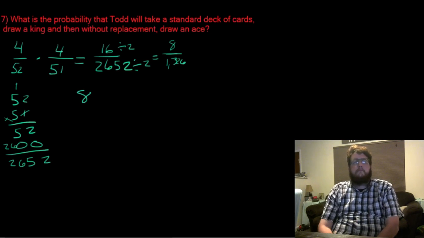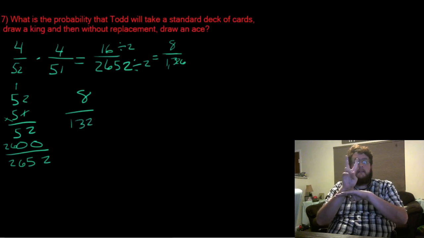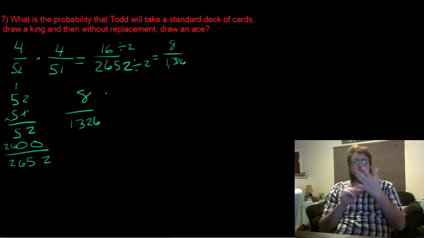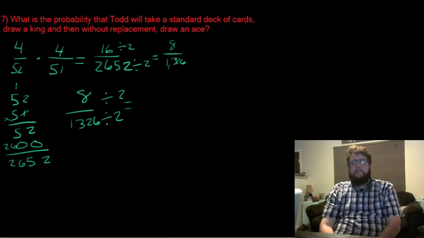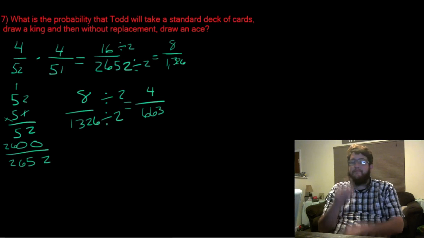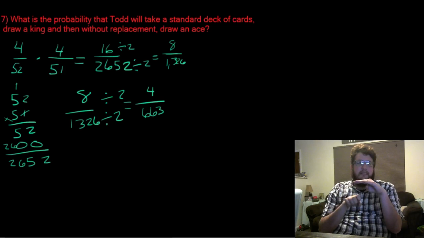Both of these numbers are even, so I know that I can continue to divide them by 2. 8 divided by 2 is 4. 1,326 divided by 2 is 663. Now, these aren't both even, so we can't continue to take 2 out. And the only numbers that go into 4 are 2 and 4 and 1. So this is as far as we can take this one.